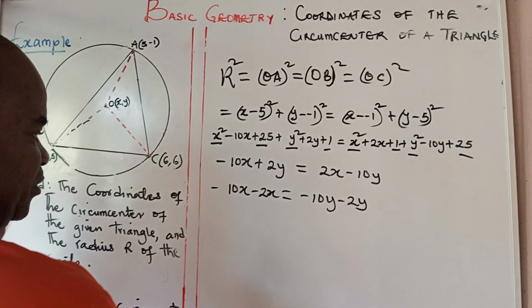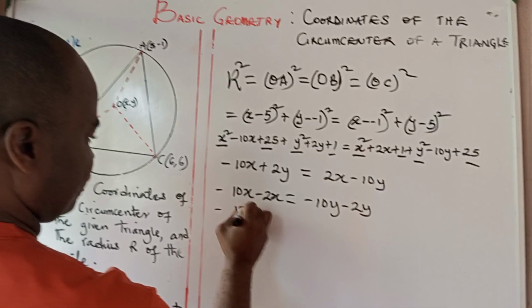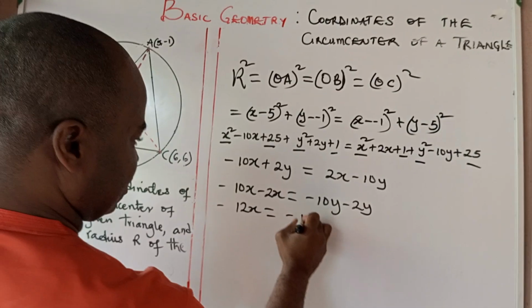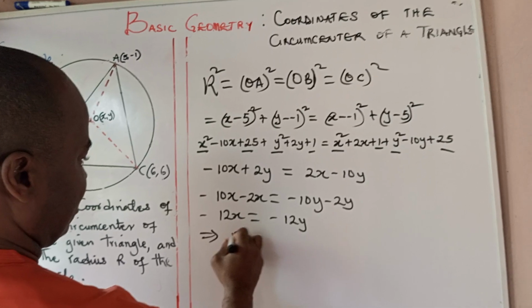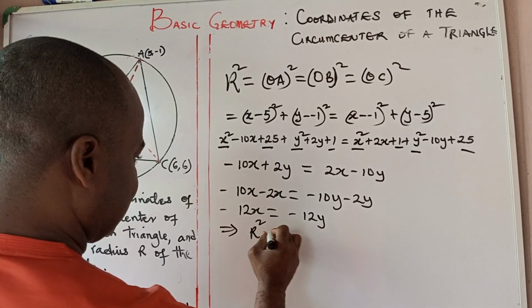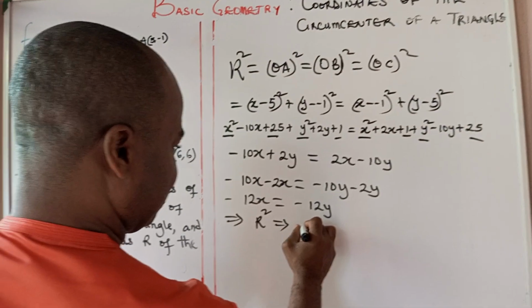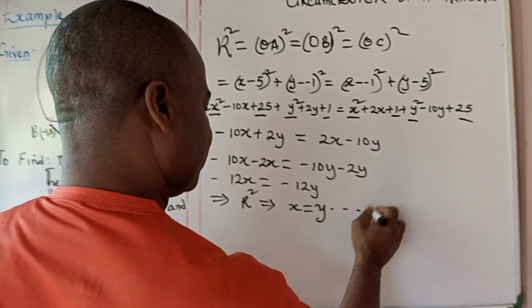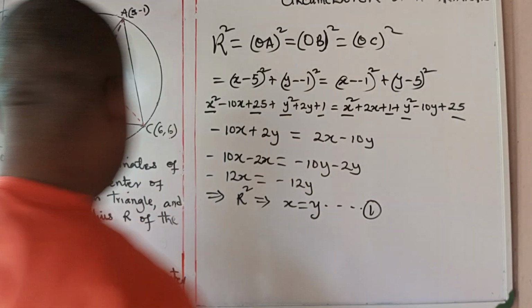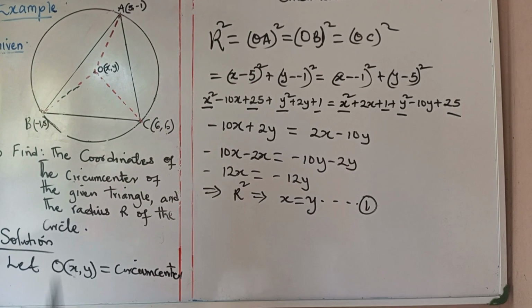This gives us negative 12x is equal to negative 12y, which implies that x is equal to y. So we call x equals y equation 1.